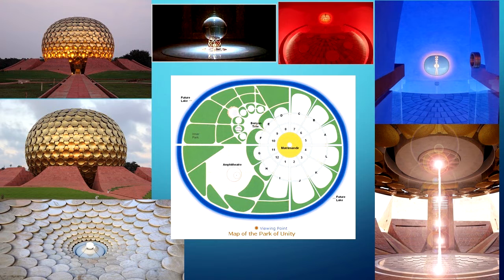And around there are 12 petals. You can go and meditate in every petal. If you lack some courage or some other quality, sincerity or gratitude, you go into that petal and meditate, calling to the divine to help you to manifest this quality in your life.